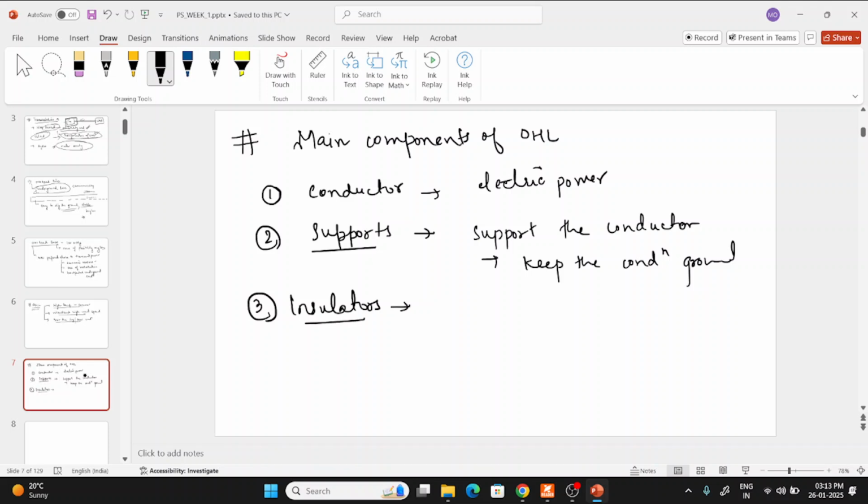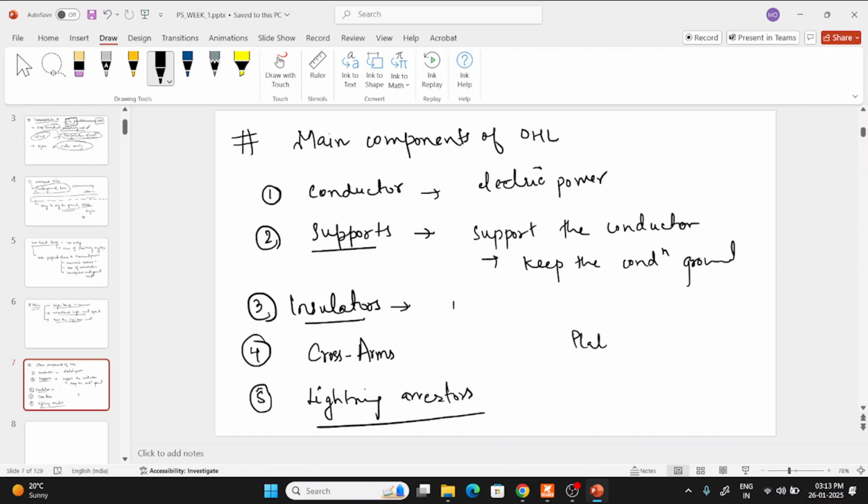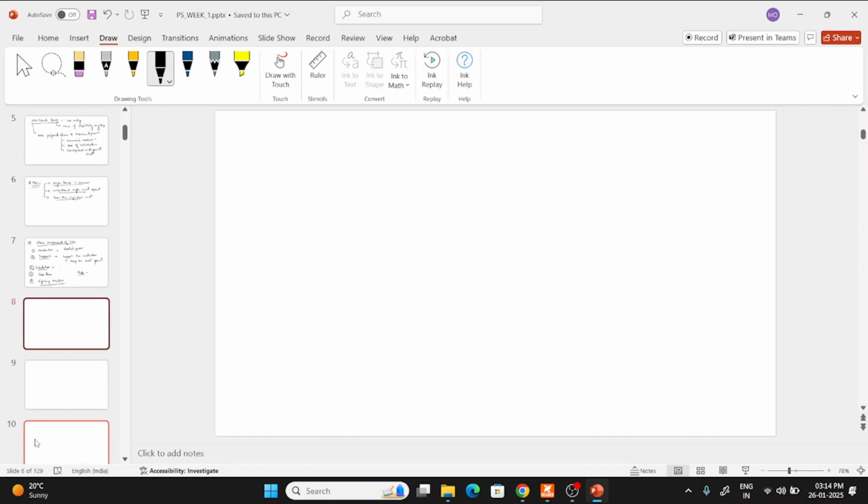These are attached to the supports and help in insulation of the conductors from the ground. Then in order to support these insulators, we have cross arms. Then after that we have lightning arresters. You must have heard about this, lightning arresters. Then we have various plates which show the nomenclature, like the danger plate, phase plate, which phases are connected to this. Okay, so these are the main components of an overhead line.